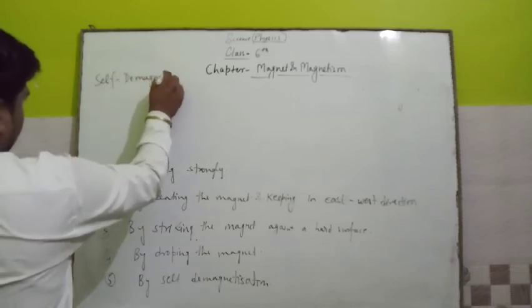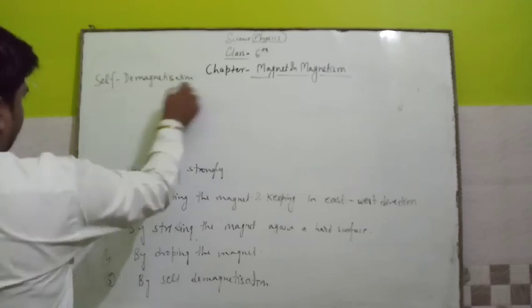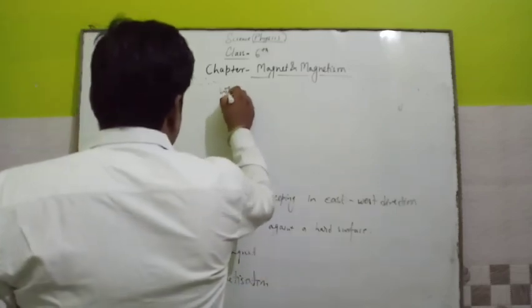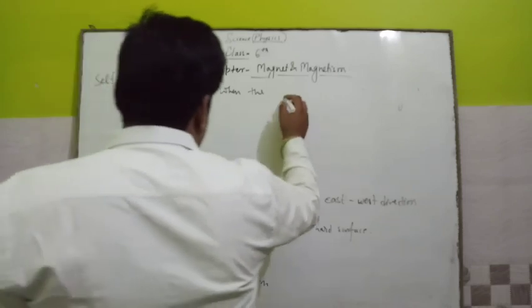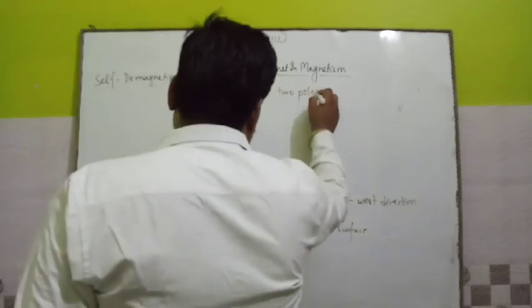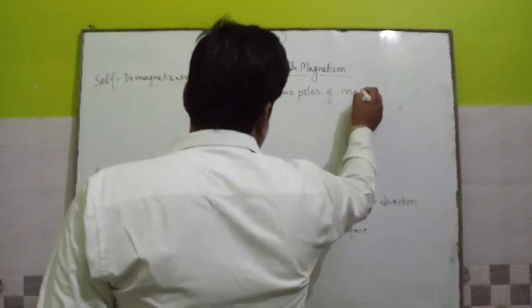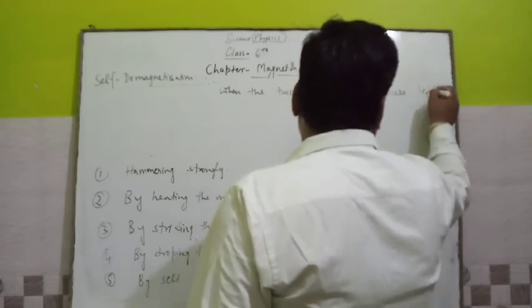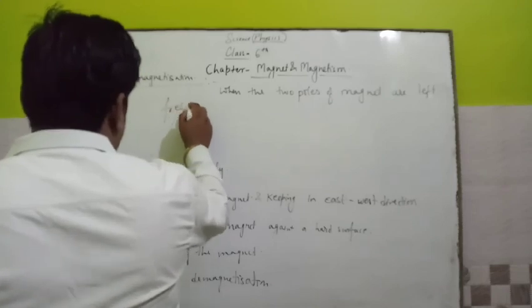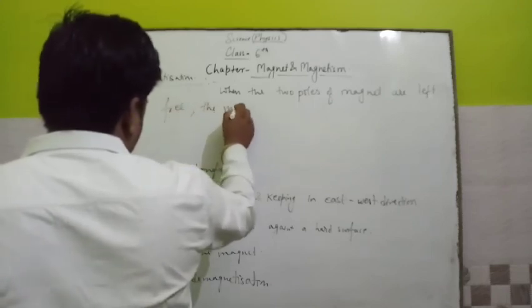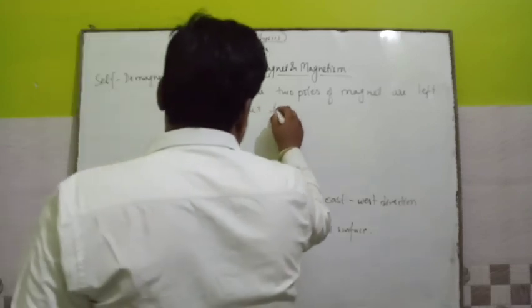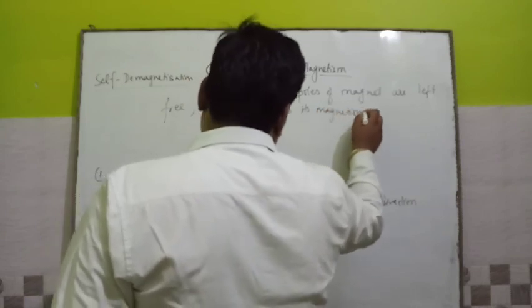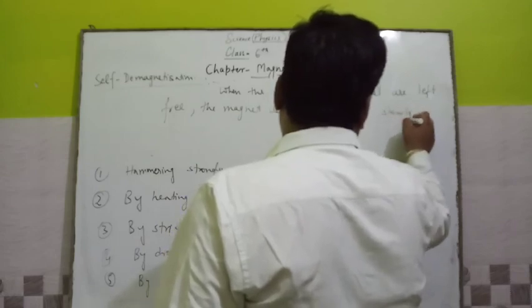When the two poles of a magnet are left free, the magnet loses its magnetism slowly.